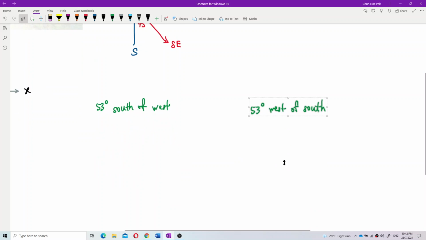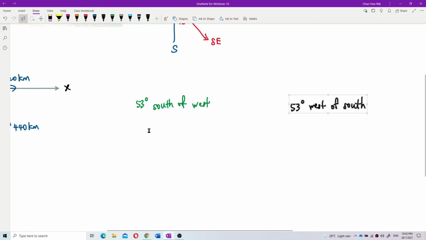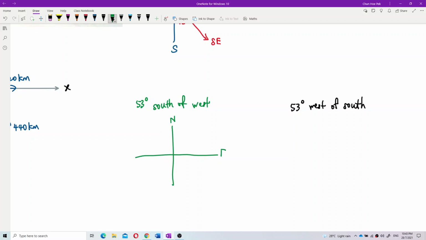Okay, let me tell you. If 53 degrees south of west, this is our north, east, southwest. So south of west means we look from west first.